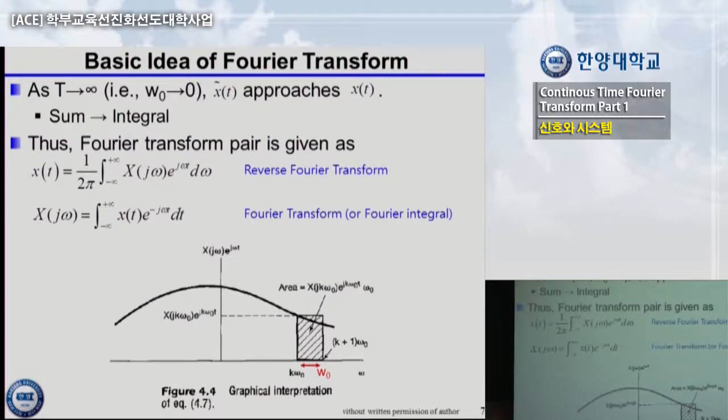This is kω0, this is (k plus 1)ω0. So this line, the x length, is omega 0 between those two. And the amplitude of this is what? This one will be X(jkω0), because this one is given like this already. So there will be this amplitude multiplied by this, which we can see right here.